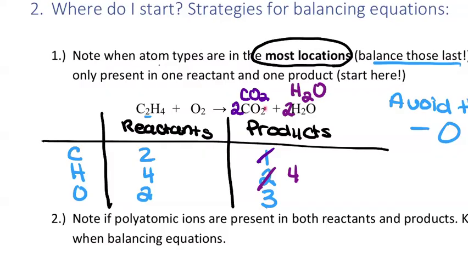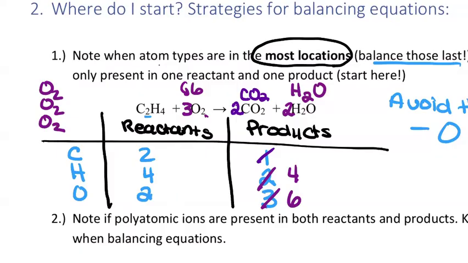We have two CO2s, that gives me four, plus two H2Os, that gives me two. Four plus two is six. Now I have six oxygens on the right. I need six oxygens on the left. So if I have three O2s, three times two is going to give me six.